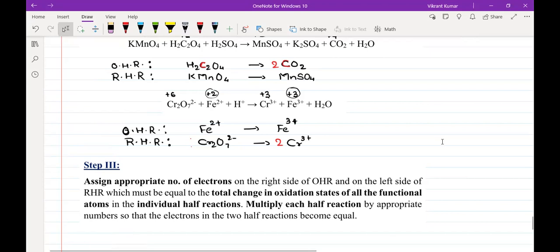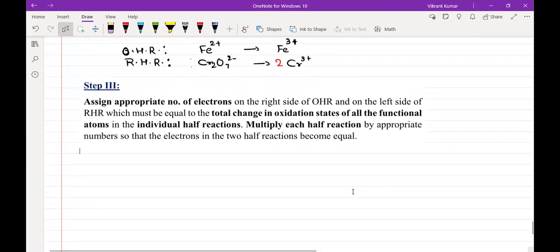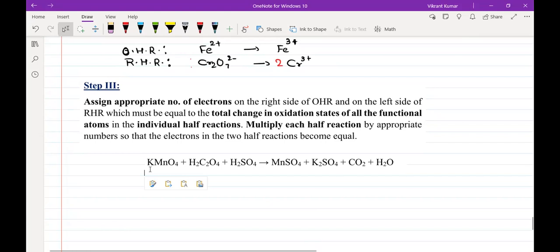So what we are going to do, if I take the same reaction again, I'll just write the reaction first so that we have a reference. For this we have already written the OHR and RHR, and watch this step carefully; any doubt, just ask me.